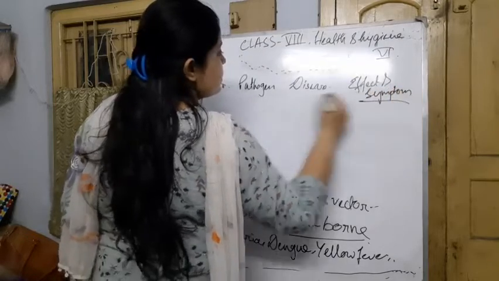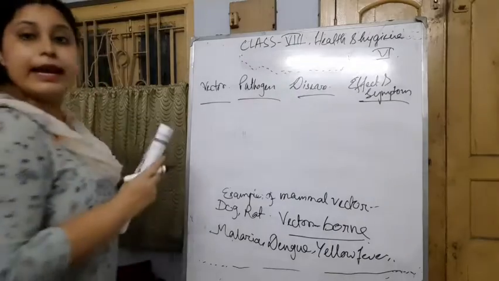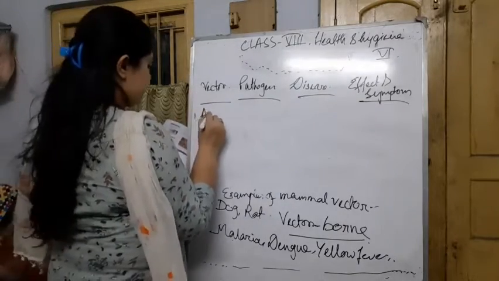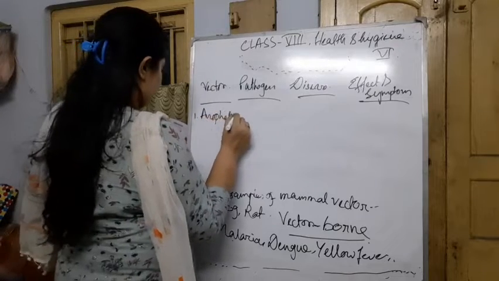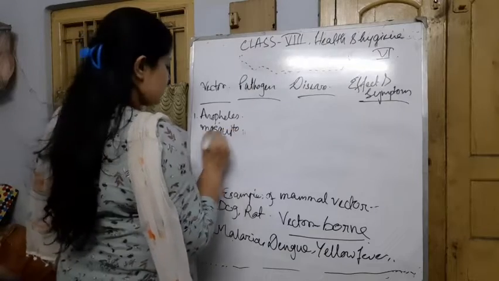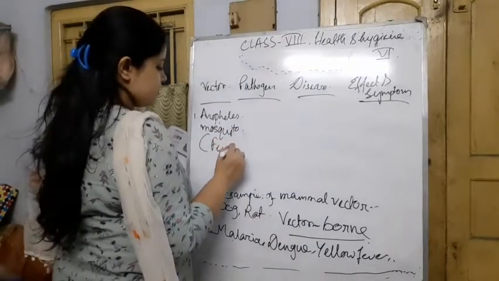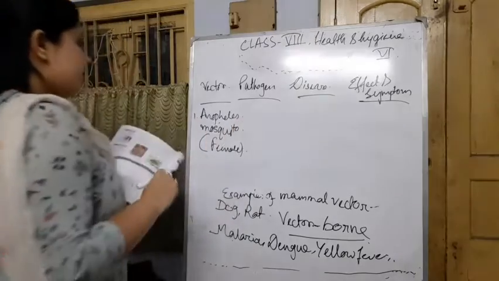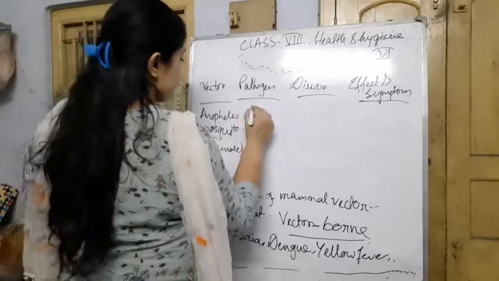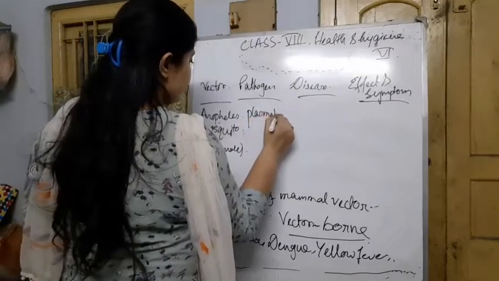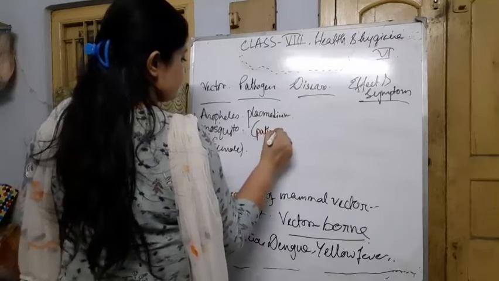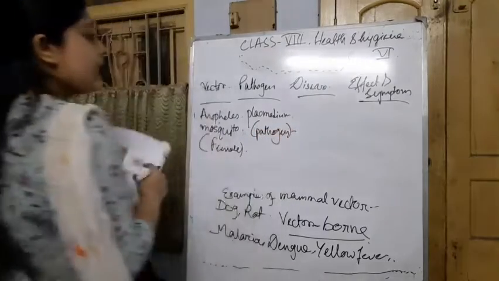The first one, the name of the vector, is the Anopheles mosquito, actually the female Anopheles mosquito. The name of the pathogen is Plasmodium.